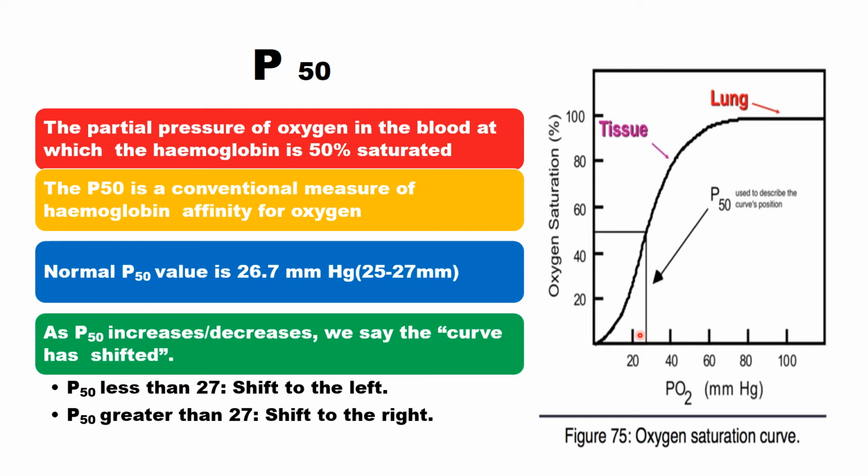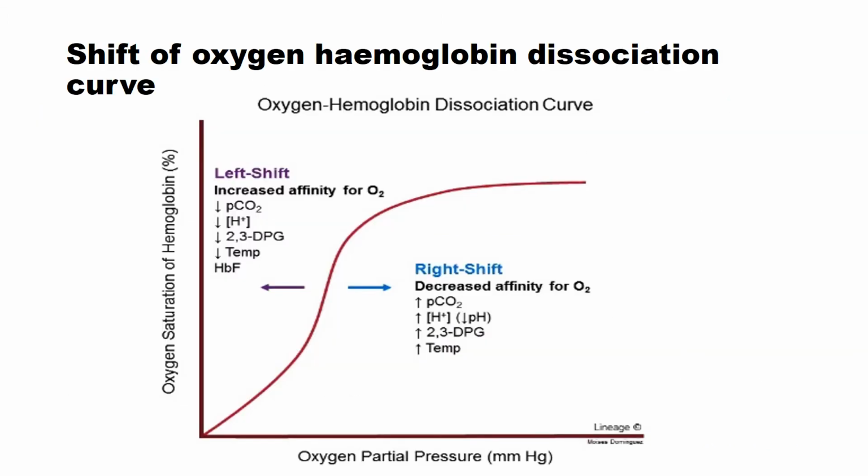A decreased P50 means that hemoglobin has increased affinity for oxygen, and an increased P50 means that hemoglobin has decreased affinity for oxygen. Therefore, hemoglobin affinity is inversely related to P50. Various factors influence the oxygen hemoglobin dissociation curve.